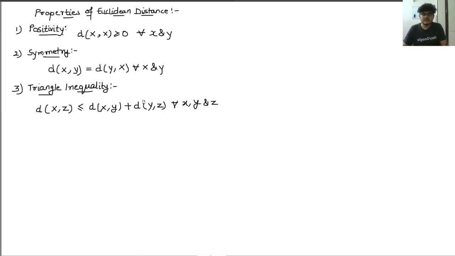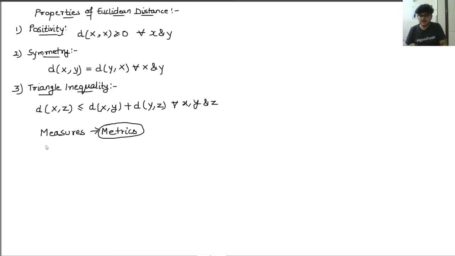Now, we have studied these three properties because if the Euclidean distance satisfies all of these properties, then we call these measures metrics.